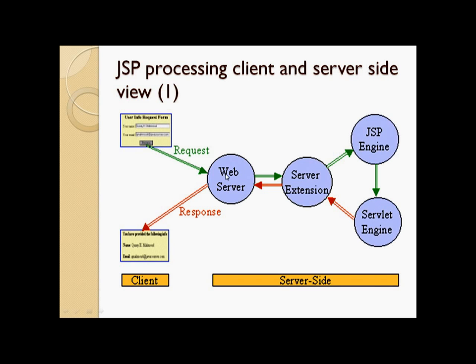Then this request will be forwarded to the JSP engine, where the JSP page will be stored in a JSP container. In order to process the JSP page which has come from the client, the JSP engine is responsible for loading that JSP page, translating it into a servlet.java file, compiling that Java file, converting it into a .class file, and sending that .class file to the servlet engine.